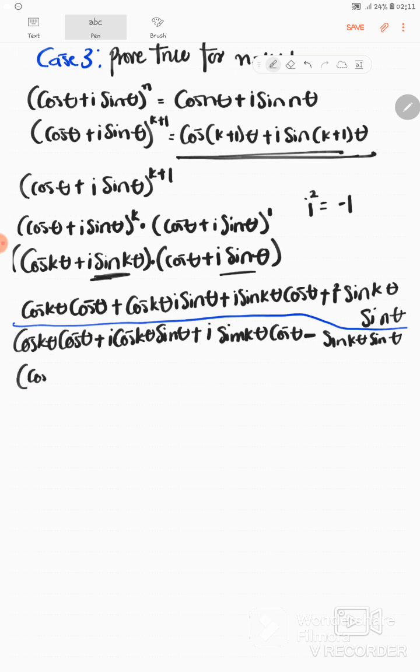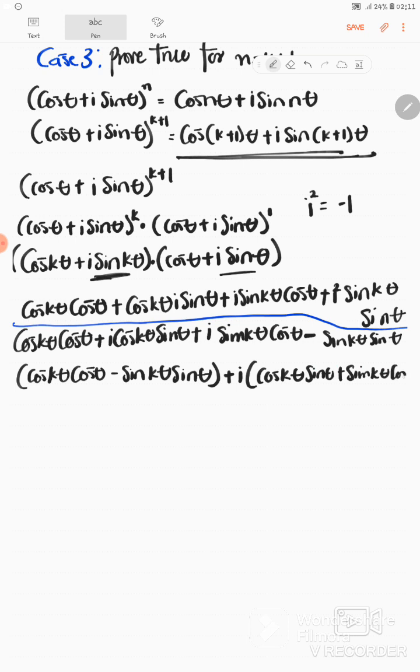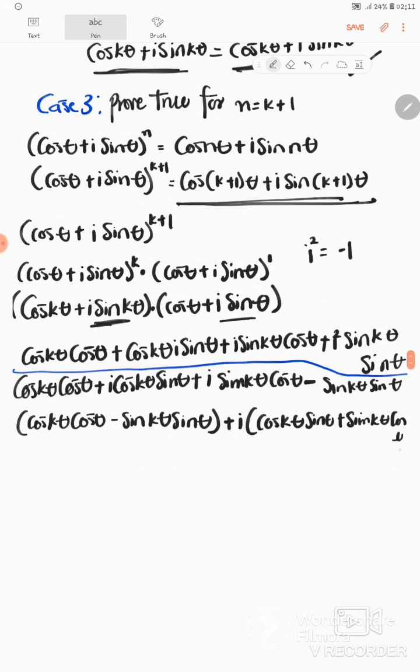Okay, let's go. Now let's group them into real and imaginary parts. Here we're going to have cos k theta cos theta minus sine k theta sine theta plus i open bracket cos k theta sine theta plus sine k theta cos theta.